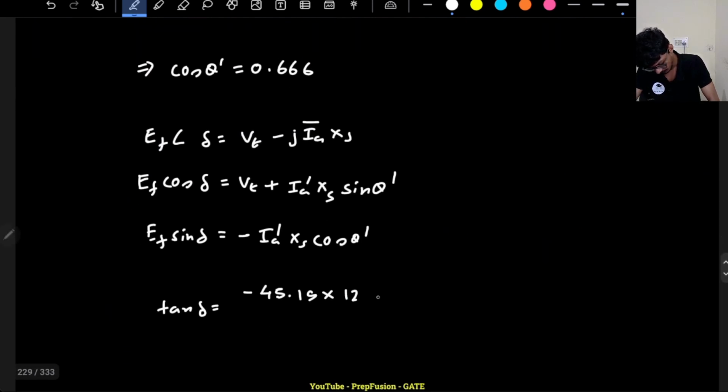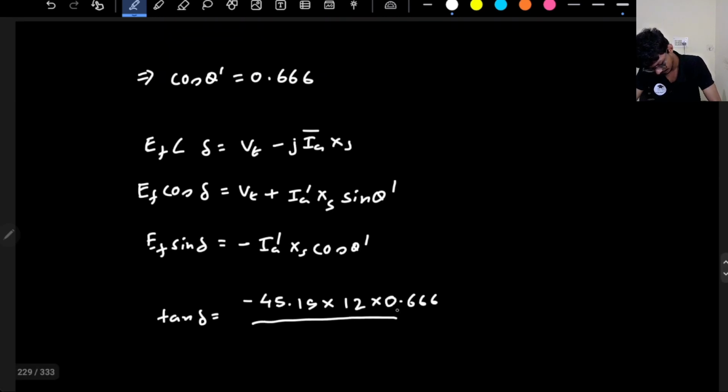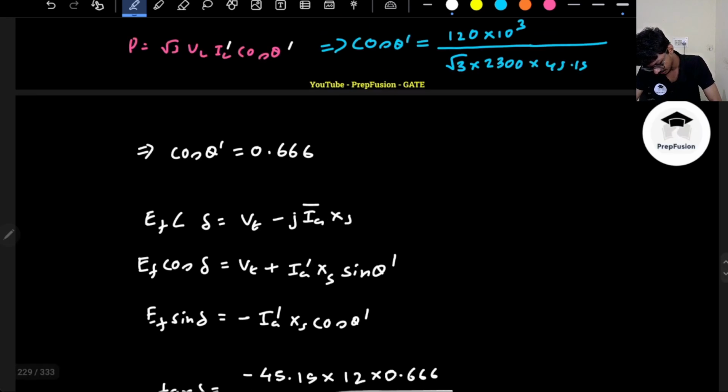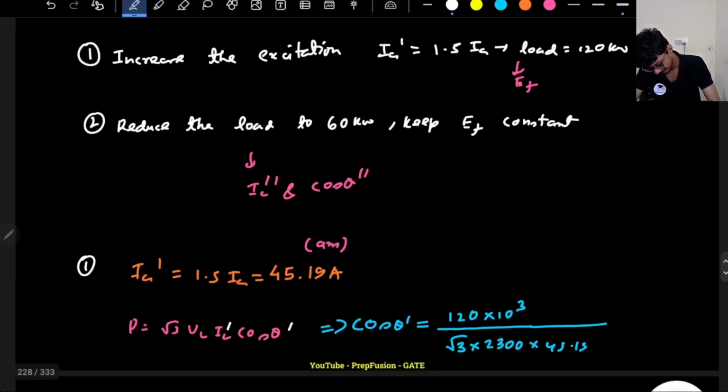So it is 12, and your XS is 12 divided by cos theta dash, it is also there, right? Cos theta dash will be 0.666, and this will be Vt. Vt is how much? Vt is 2300 divided by root 3, right?